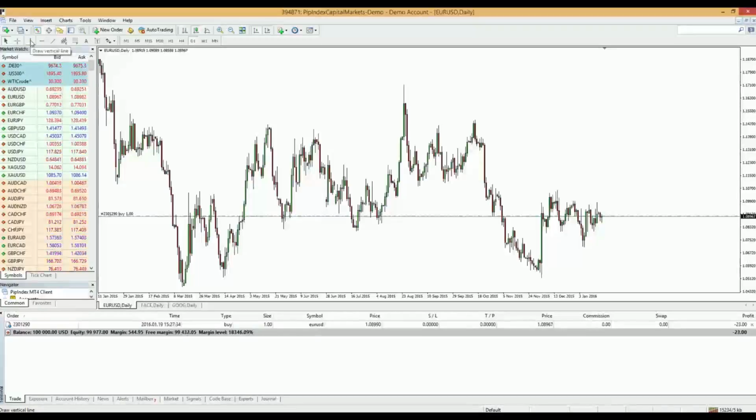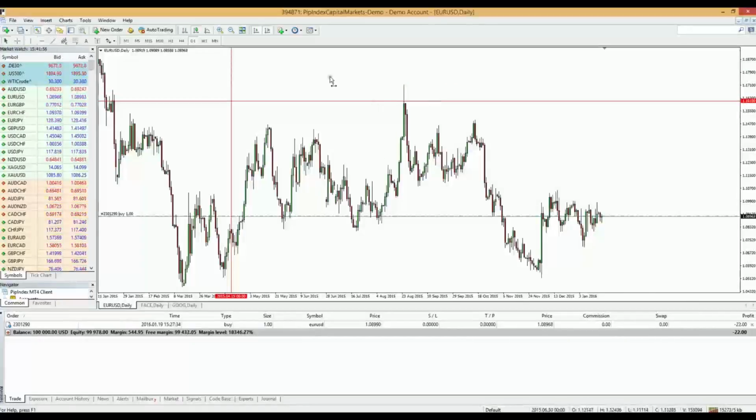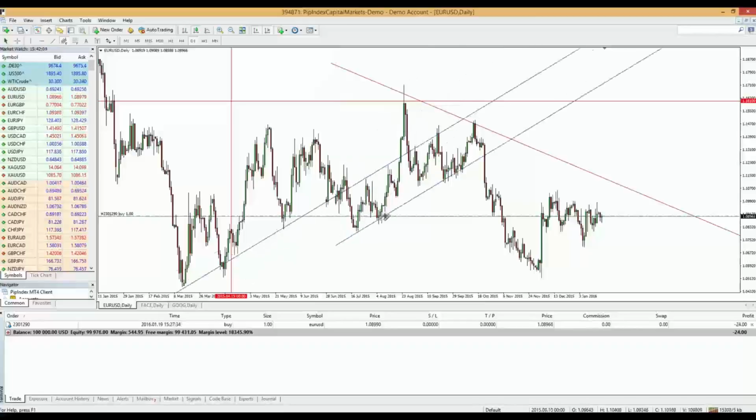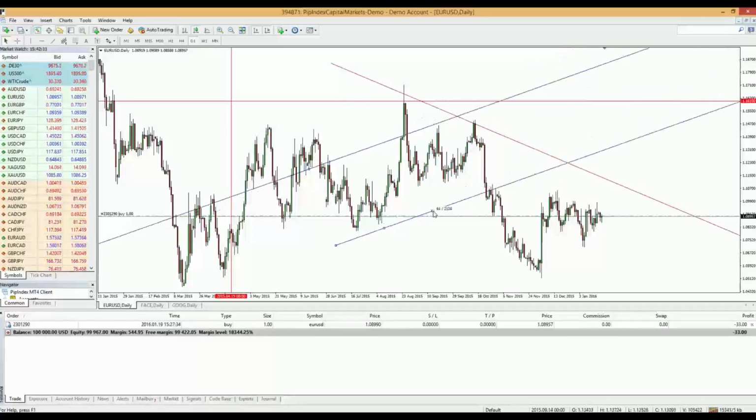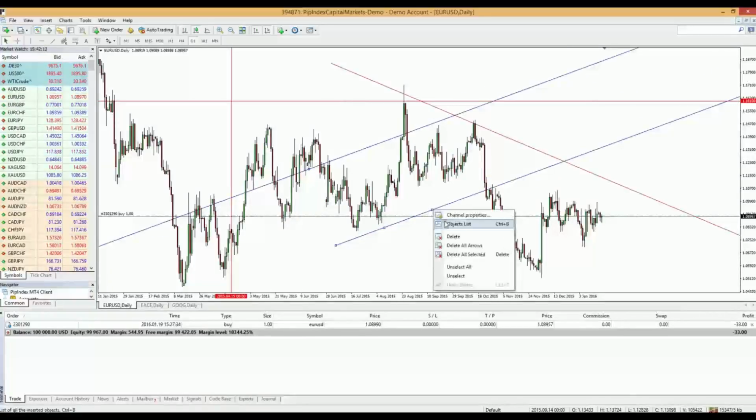There's also, guys, vertical lines we can draw to help us analyze. We have horizontal lines as well. We have diagonal lines, as you can see here. I'm going to remove them in a second and do something a little more neat. We also have equidistant channels, which are particularly favored amongst technical analysts, usually.